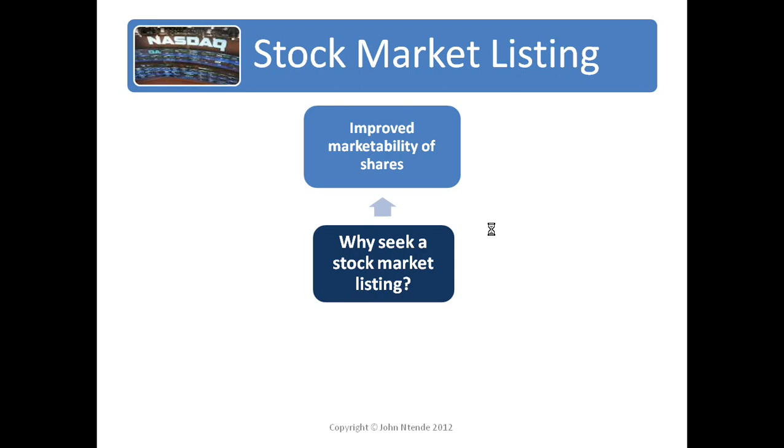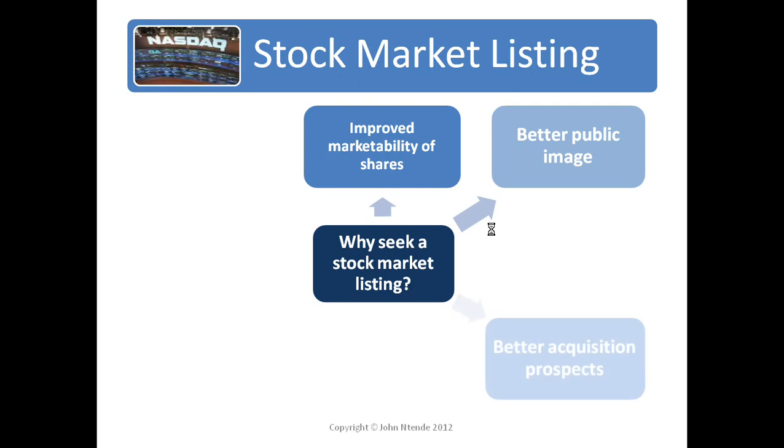As an investor, it's less risky to buy shares in a quoted company rather than in an unquoted company because of the better regulation and better compliance. It might be to get a better public image. Listed companies generally have a better public image because they're subjected to greater oversight and regulation than unlisted companies.